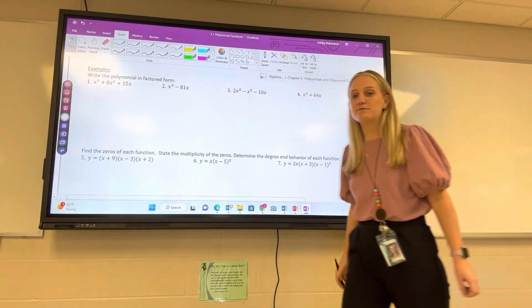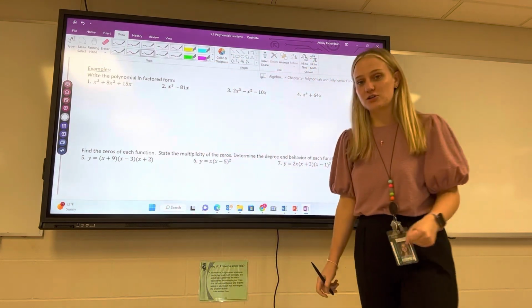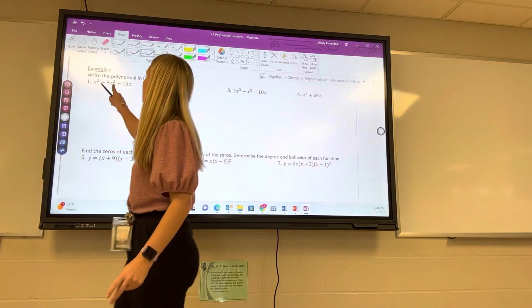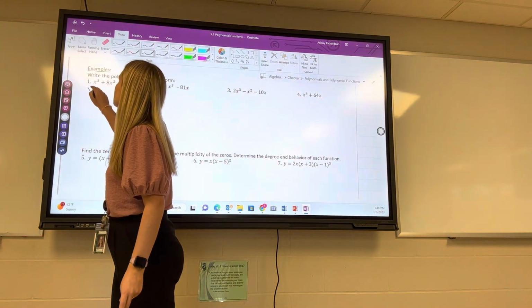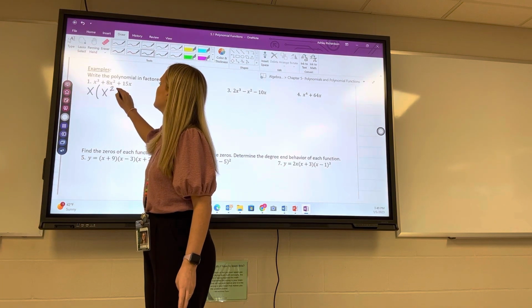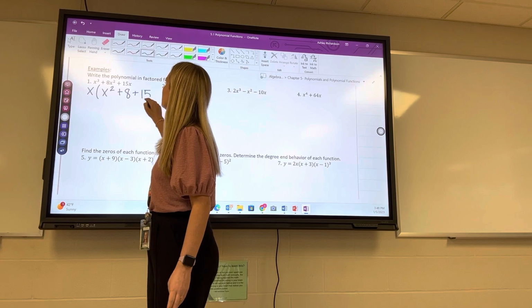So remember, when we're factoring, the first thing we do is take out our greatest common factor, whatever all of the terms have in common. On this first one, they all have an x. If I take out an x, I'm left with x squared plus 8x plus 15.